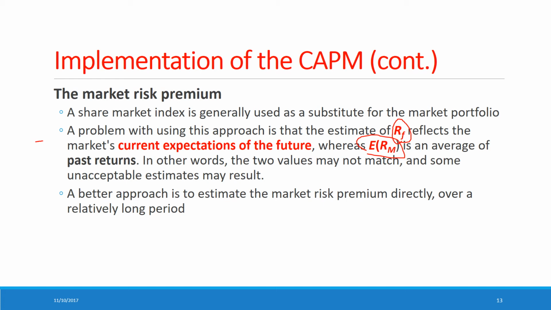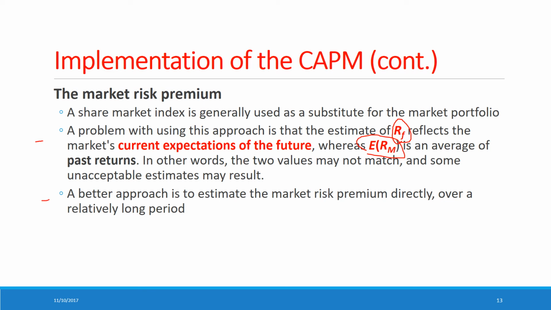So we have a mismatch over here in terms of the time horizon of our estimates. On the one hand, the risk-free rate estimate is a forward-looking measure, so we're measuring expectations in the future. On the other hand, the market returns and the beta are backward-looking, right? We're using past information to project the beta and the market returns. So they are not really consistent.